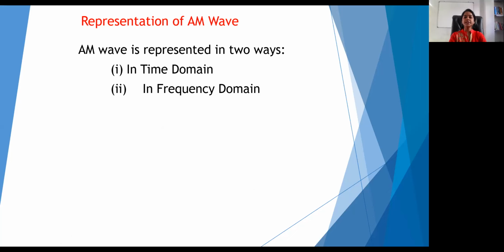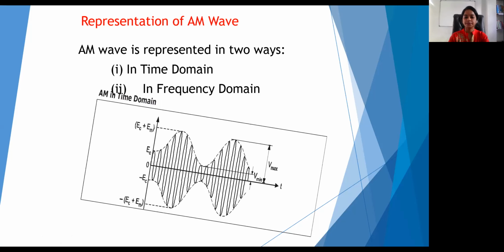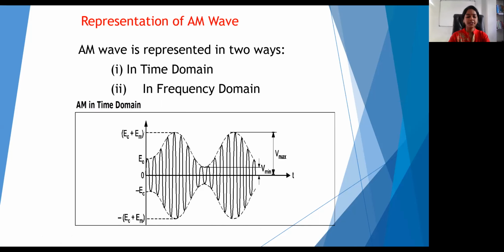Then we can represent an amplitude modulated wave in two forms, that is in time domain and in frequency domain. So how can we represent the amplitude modulated wave? Here we have seen the amplitude modulation in time domain.